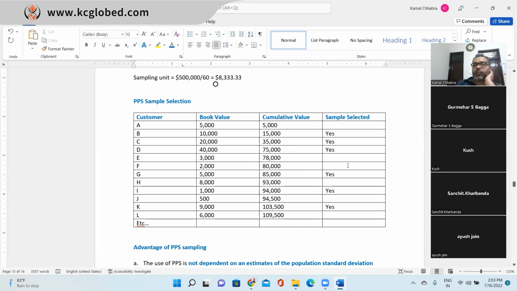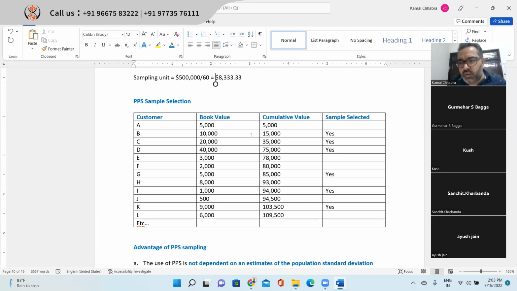Is cumulative value clear? These are the book values in the individual ledgers, and the cumulative amounts are of all these parties. Make sense? Or do you still need any clarification? Sir, in this table customer I is also selected and the book value is just 1,000, but our sampling unit value is 8,333.